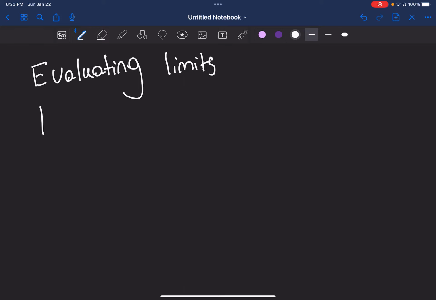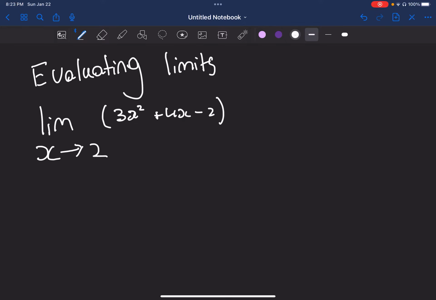I'll use white now. Evaluating. So let's say we have the limit as x tends to 2 of 3x squared plus 4x minus 2.